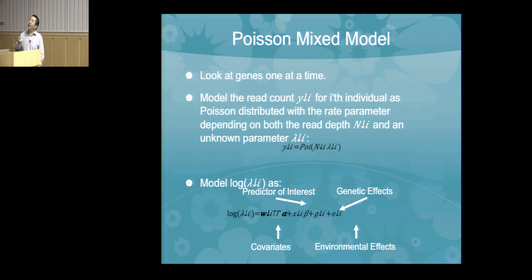Intuitively, W times alpha and X times beta are fixed effects, while we model G and E as random effects. Because they are random, they introduce more variation than you would expect under the Poisson model. So both of those terms deal with the overdispersion issue that's commonly observed in RNA sequencing.